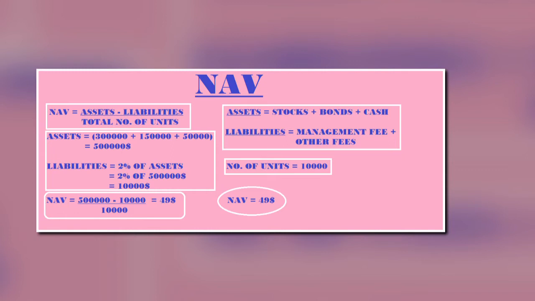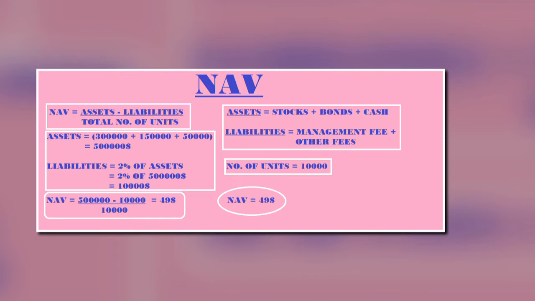Next, let's consider the liabilities as 2%. So, the net liabilities are 2% of $500,000, which is $10,000, and is fairly small in comparison to its total asset value. Also, let's consider the total number of units issued by the mutual fund as 10,000.